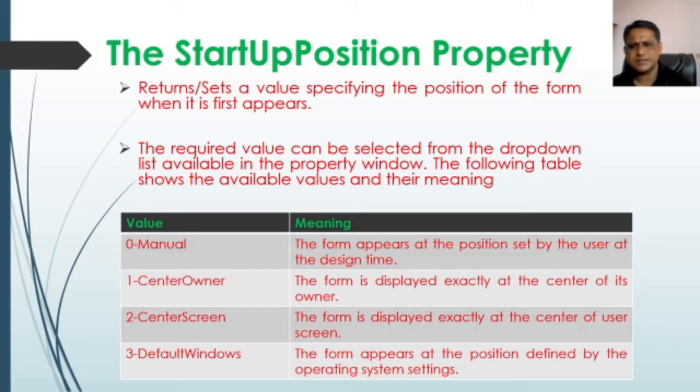When you set it to 0 manual, the form appears at the position set by the user at design time. At design time, the user can give the value for its position, either by setting the top and left properties of the form, or by placing the form using the form layout window.